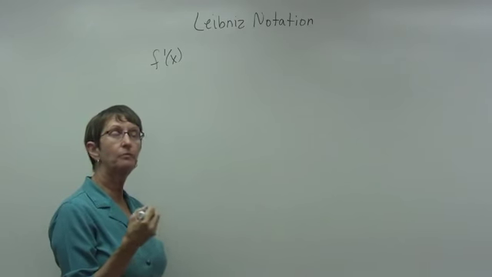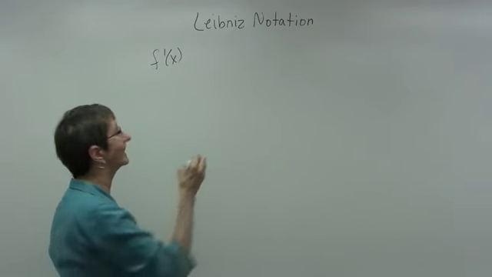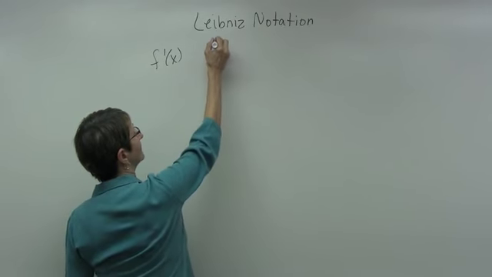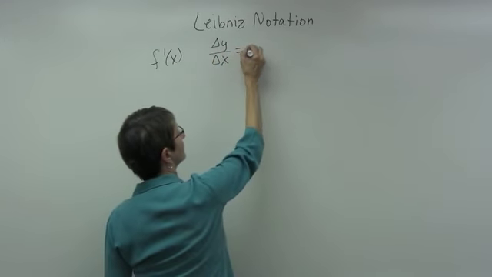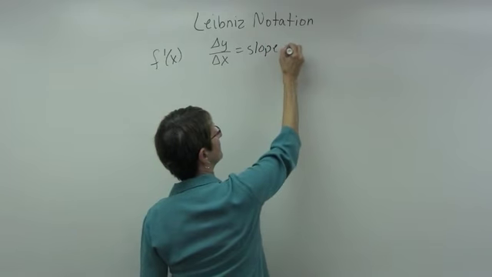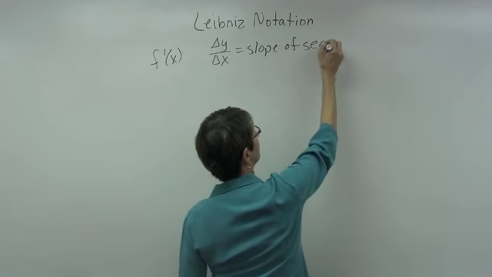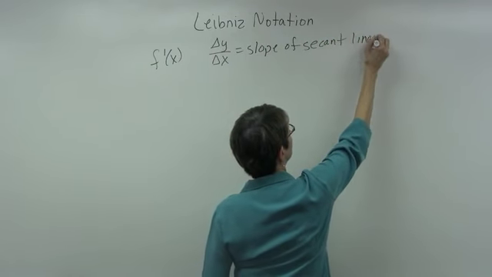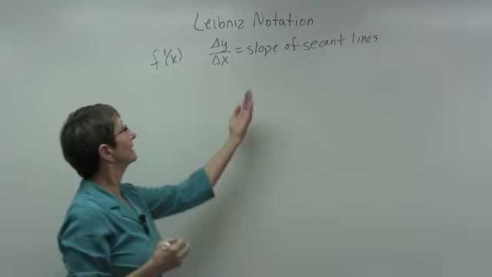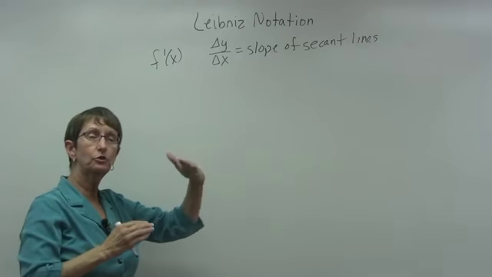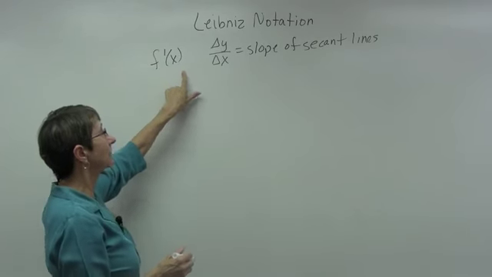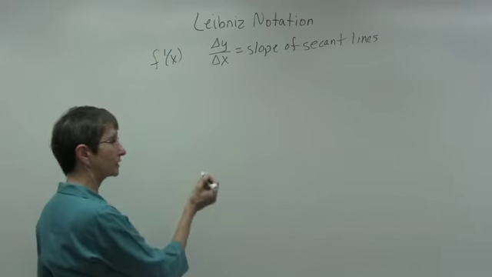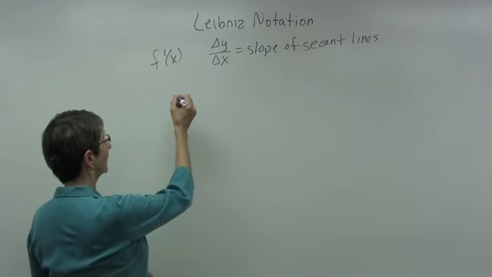But that did come from looking at slopes of secant lines, delta y over delta x, slope of secants. And then we let the slopes approach the slope of a line that was the tangent line. So our derivative is actually the instantaneous rate of change in the slope of a tangent line.